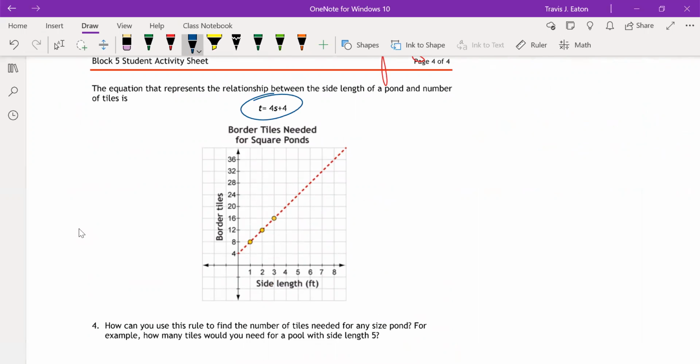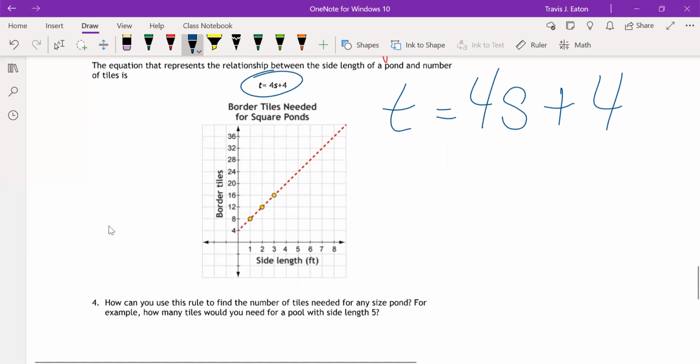So this is saying that the number of tiles that are needed is equal to 4 multiplied by the side length plus 4 more tiles at the corners. And we could use this to find the number of tiles needed for any size pond.